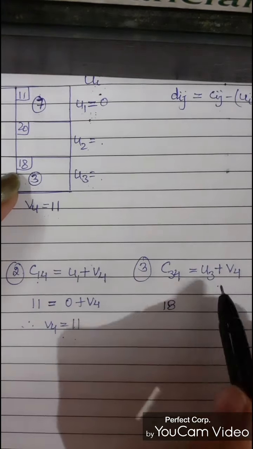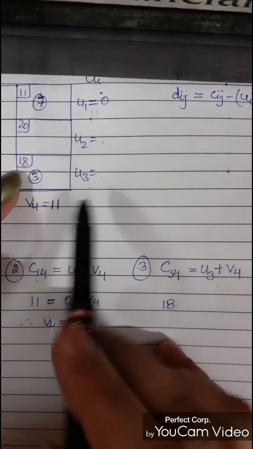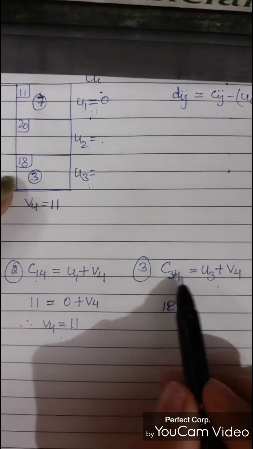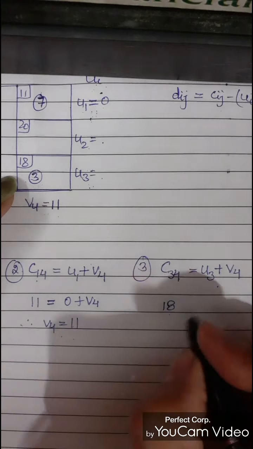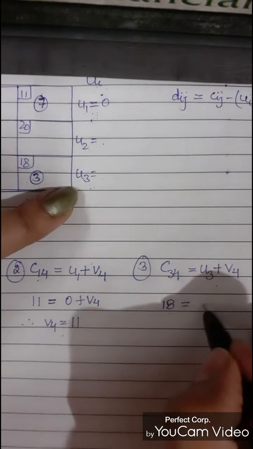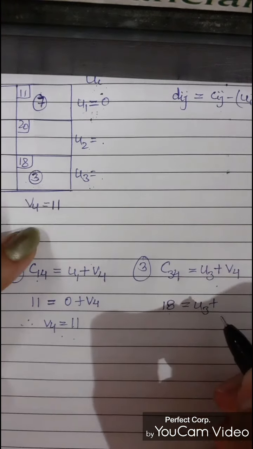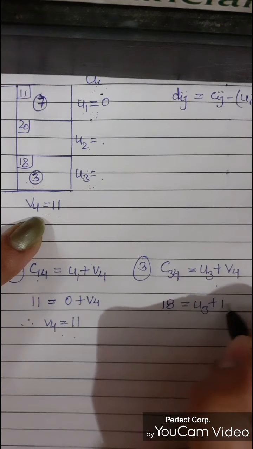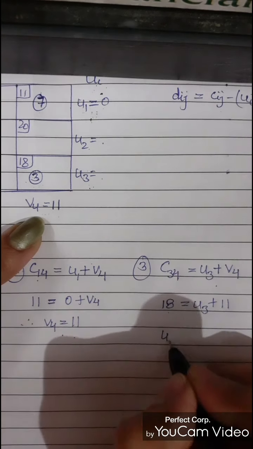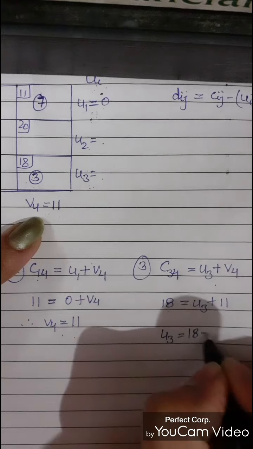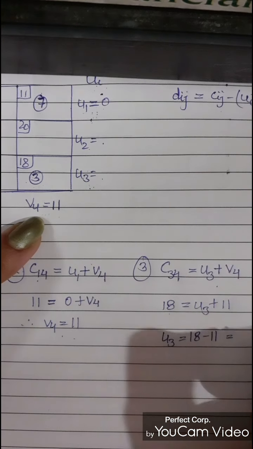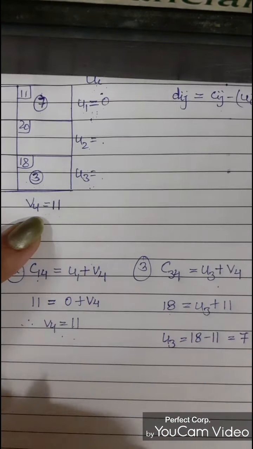So by using it we can calculate the value of U3 here. So what is the cost here? 18. So C34 is equal to 18, and U3 we have to calculate, plus V4 we have already calculated, 11. So I can find the value of U3 is equal to 18 minus 11, that means 7.